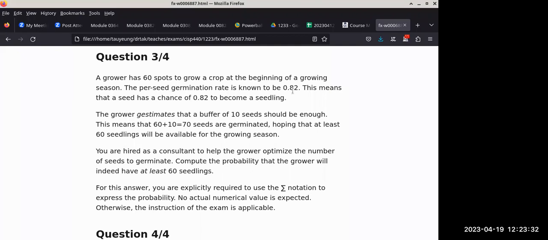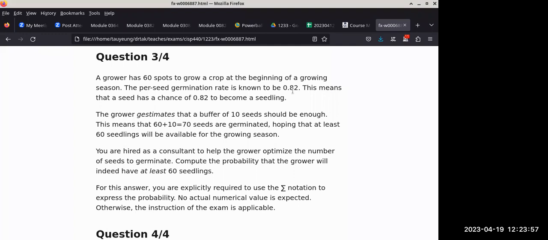So in this particular question, what is an experiment? The experiment is trying to germinate 70 seeds. And each seed is representing a trial. So if we have a trial, what are the outcomes of a trial? We look at the seed, right? We put it on a little bit of cotton.